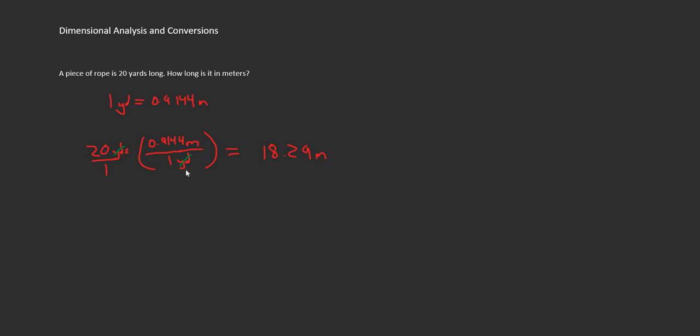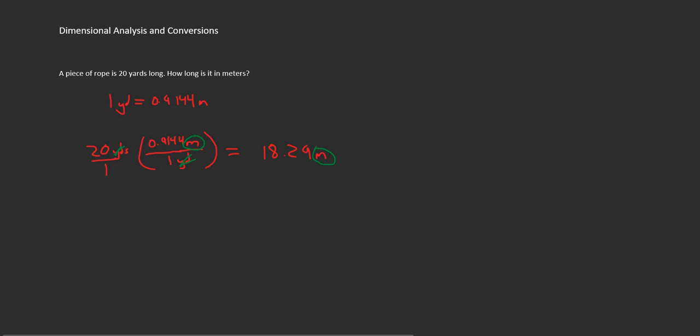Units cancel. We wanted our final units to be in meters, and that's what we're left with. And remember, we put that on top, because we always put on top what we want our final answer to be in, as far as units go. The yards cancel.